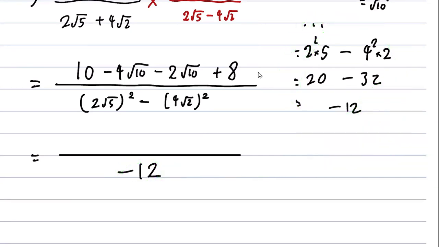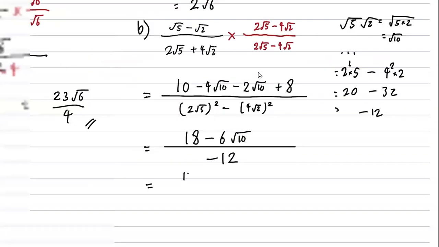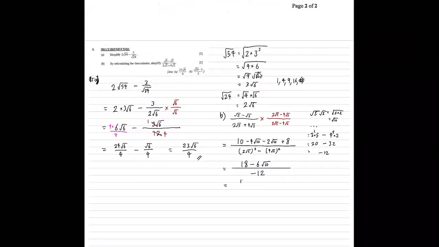Just use a calculator. Okay, then simplify the numerator. This one cannot use a calculator because we want exact form. So it's 18 minus 6 root 10. Actually, you can on my calculator. It's smart enough to give me the exact answer. So it depends on your calculator. Okay, now we can simplify. What did the question ask? Simplify.